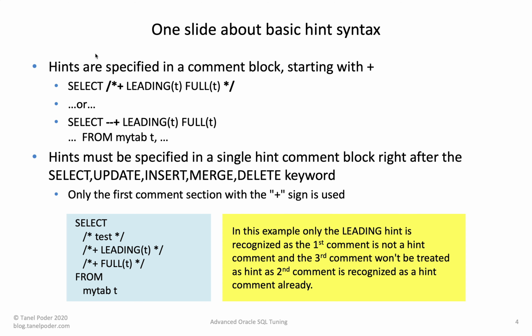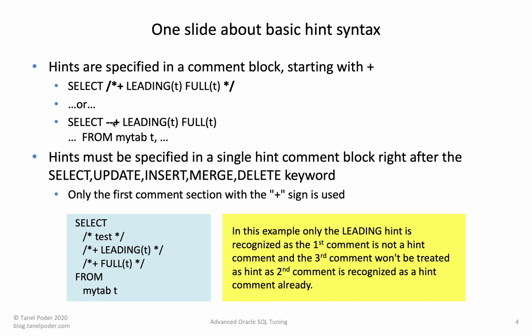So hints are specified in a comment block. You can even add a hint with minus minus, because that is also a comment. Anything that comes after the minus minus, or dash dash, is a comment.